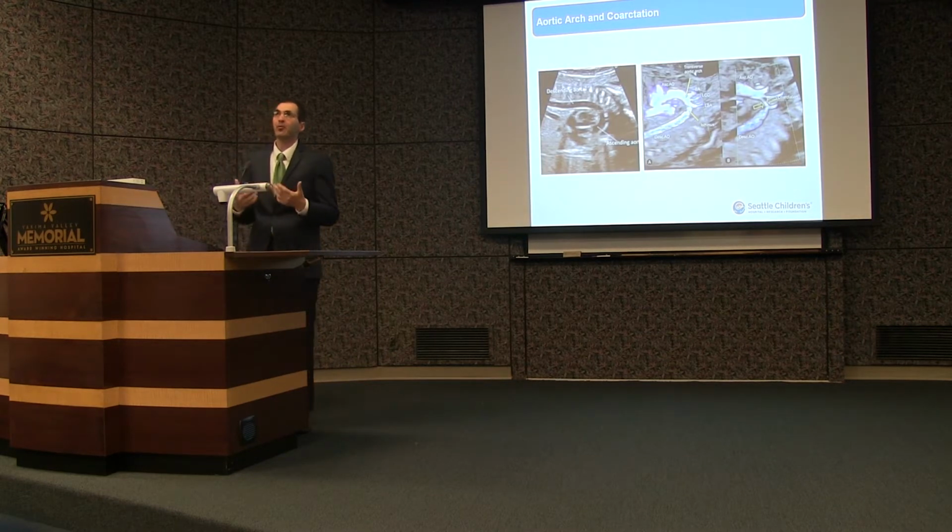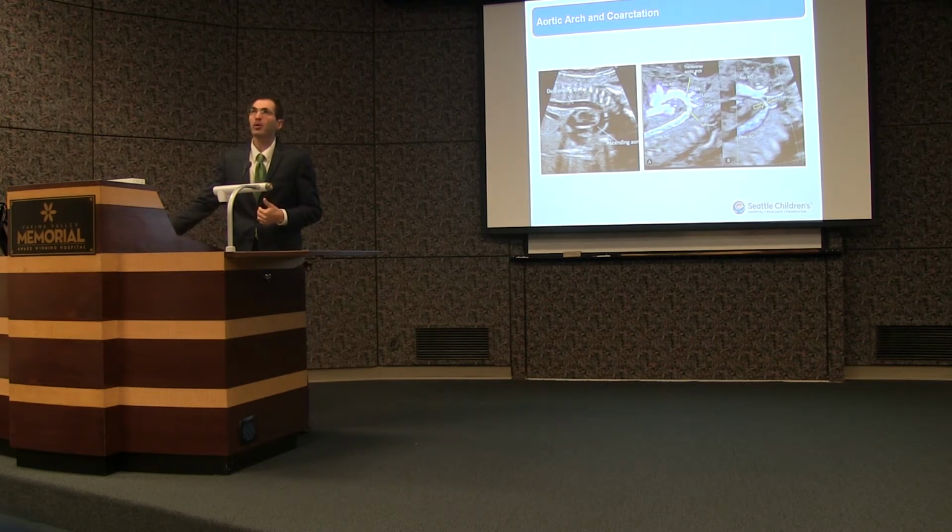So here's an example of some aortic arch abnormalities. And I think the most important part of these examples is that, again, you're in a very different plane. So here what you're seeing is your aortic arch. And here we had two side-by-side images, one of a normal aortic arch and one with a significant narrowing, suggestive of coarctation.